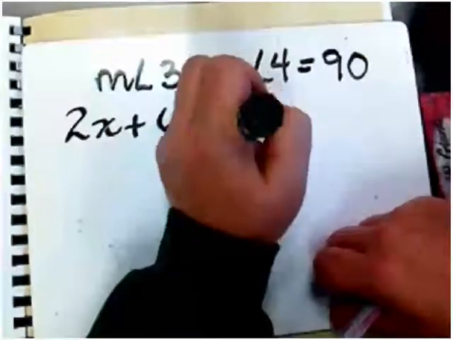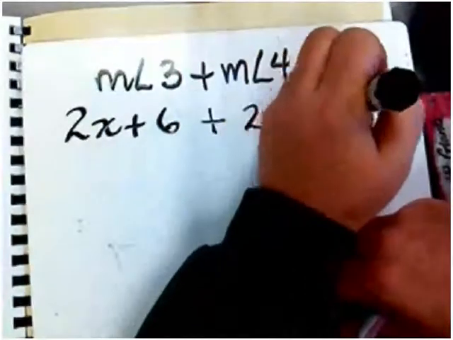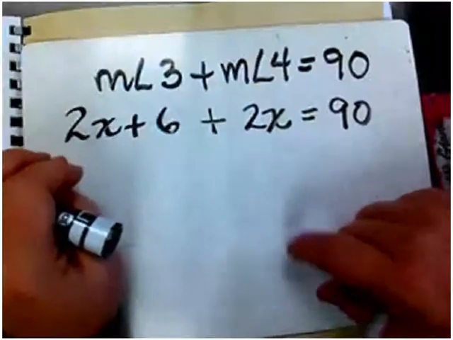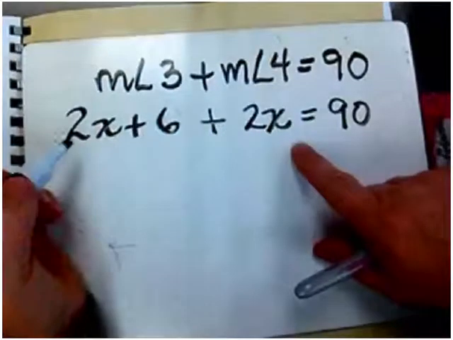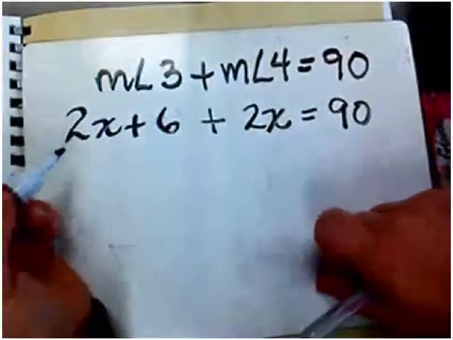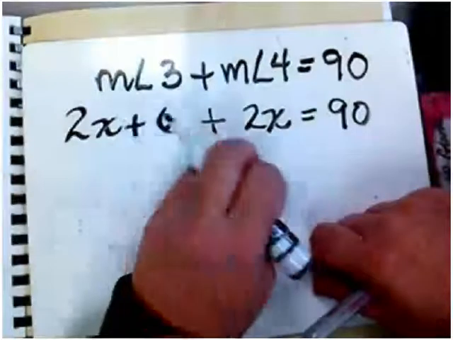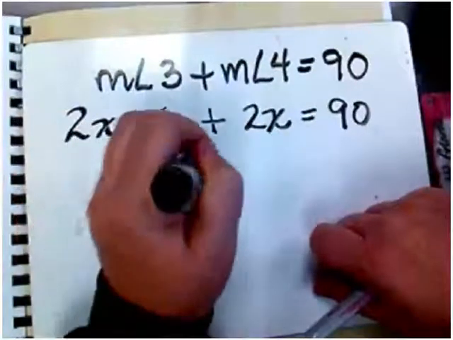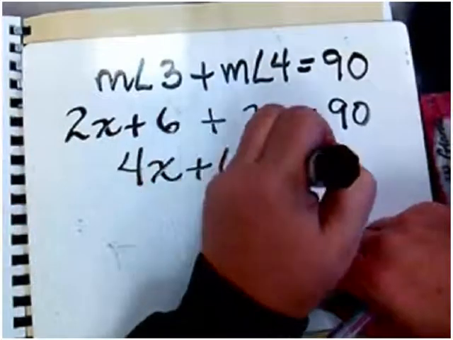So we plug in 2x, and then that equals 90. So we've used our substitution property. Now we use combining like terms to clean this up. 2x plus 6 plus 2x is 4x plus 6, and that equals 90.